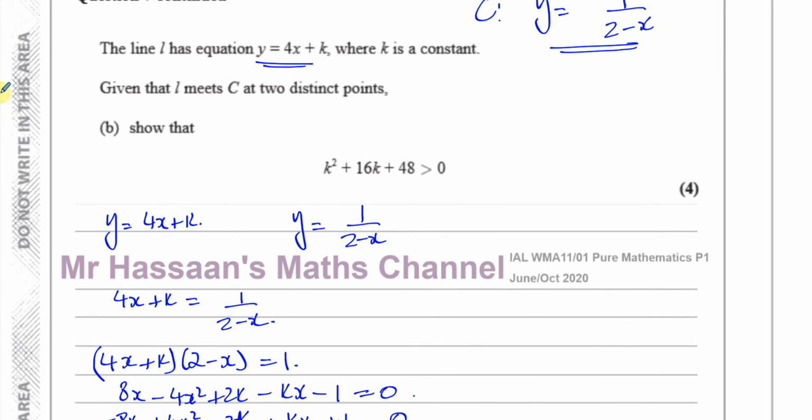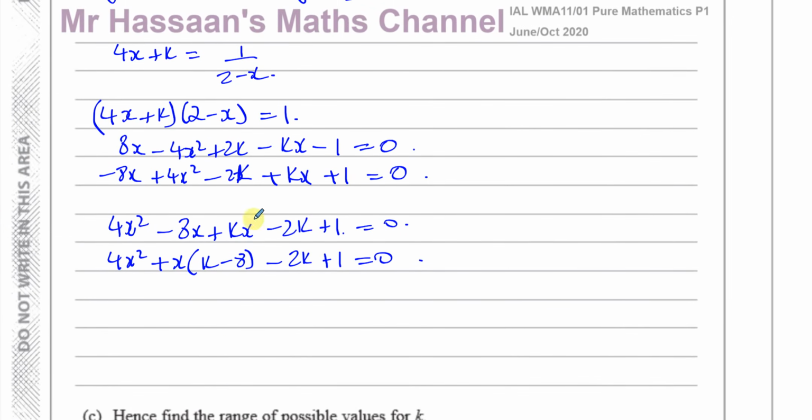Now, if it has two distinct points where the curves meet, then this equation represents where they meet. So when I solve this equation, I'm going to find the points where the curve and the line meet, because I've solved them simultaneously. So if there are two distinct points, then this will have two solutions. Now, if this has two distinct solutions, then we know that the discriminant, because it's a quadratic, b squared minus 4ac, must be greater than 0.